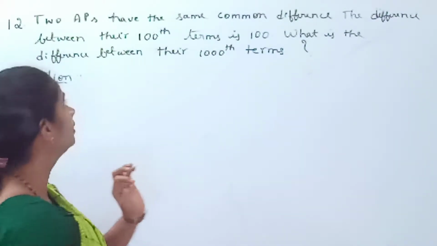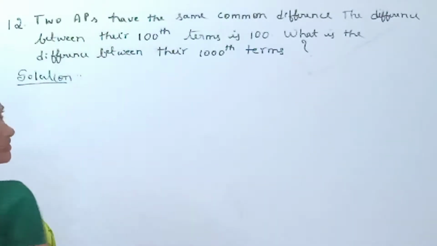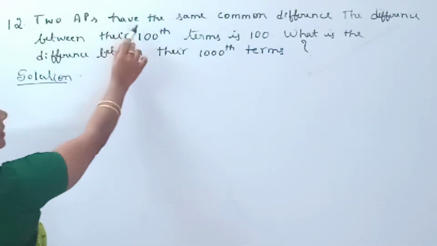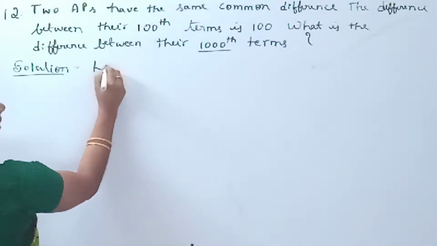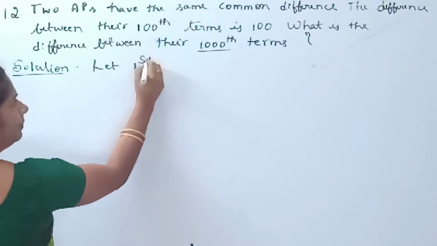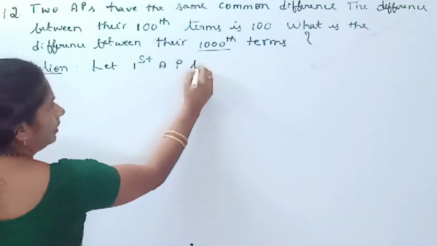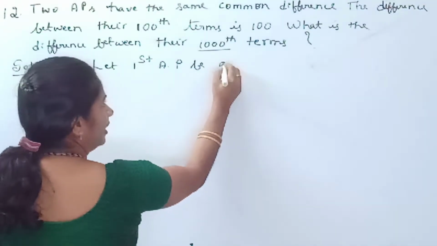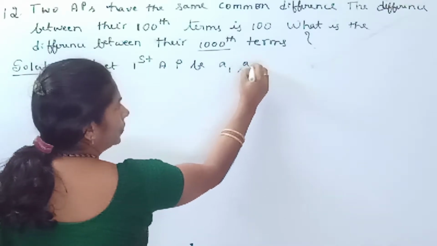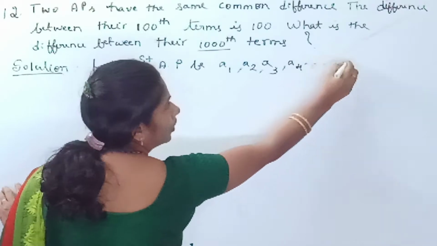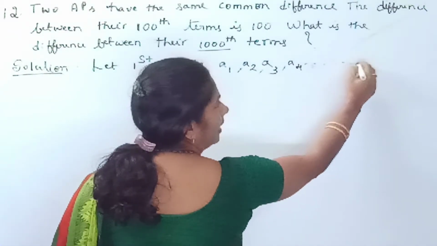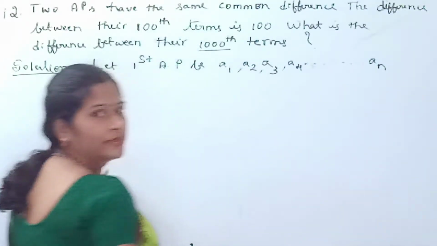What is given? There are two APs. Two APs have the same common difference. Let the first AP be A1, A2, A3, A4 and so on. Its last term, let me write it as AN.